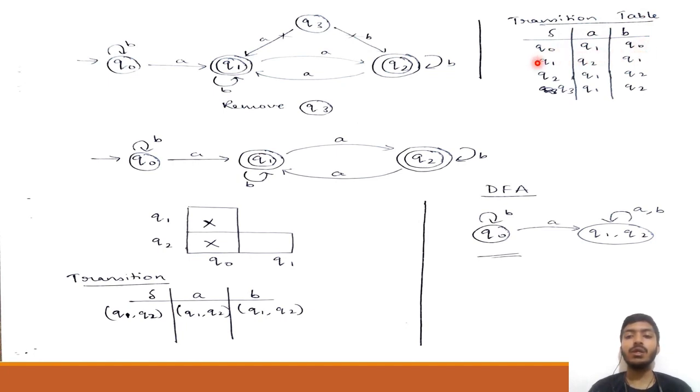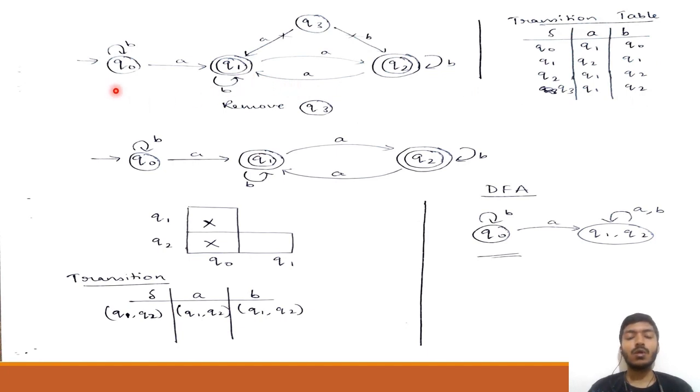Q1 on A goes to Q2 and Q1 on B goes to Q1 with a self loop. Q2 upon A goes to Q1 and Q2 on B goes to Q2, again a self loop. Q3 on A goes to Q1 and Q3 on B goes to Q2.